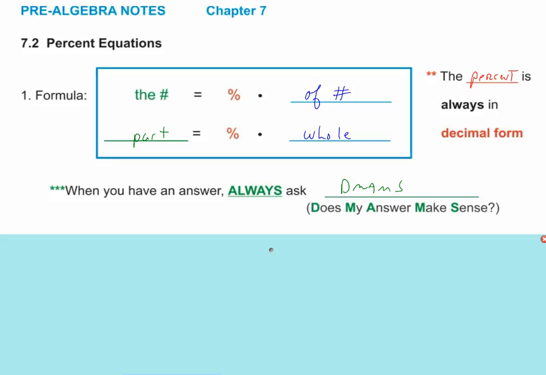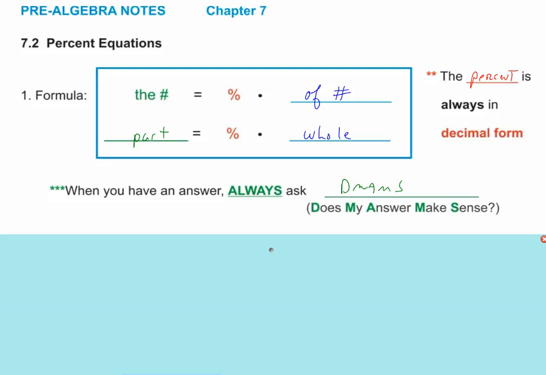And you've got to listen for her answer. Demams will say yes or no. If Demams says no, then you got something wrong, like maybe you didn't put the percent in decimal form. Demams will catch that if you ask her.